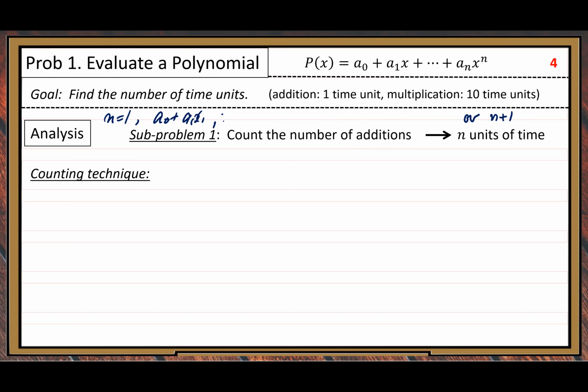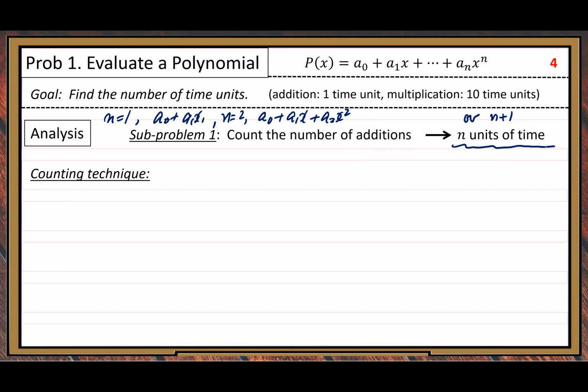When n equals 2, you have a0 plus a1x plus a2x squared. How many additions? 2, right? So the same number as the n for the number of additions. So we get this n units of time.